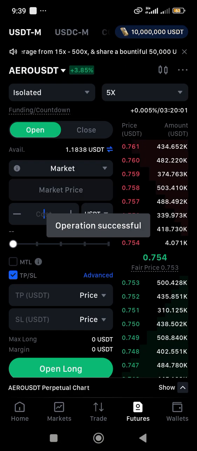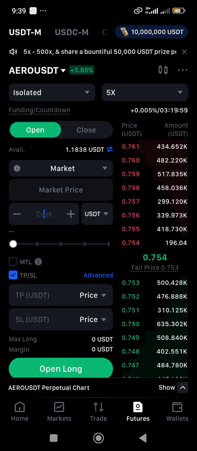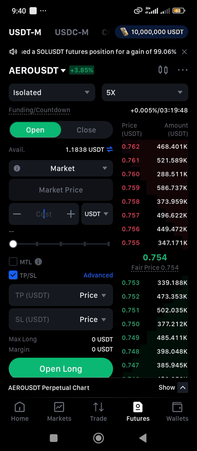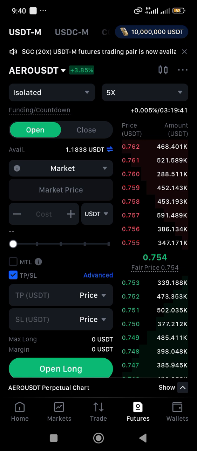So high leverage is not always good, because if the trade is against you, you will lose more, and if the trade is in your favor, you will earn more. That is just it with leverage. That is how to set your leverage.